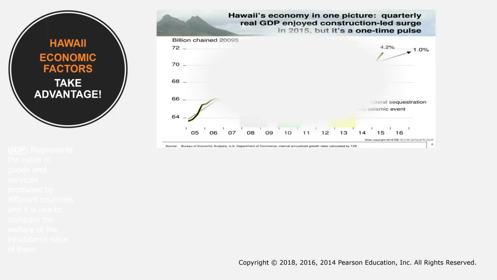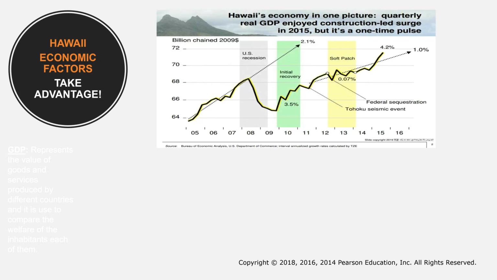So let's take a look at the economic factors and how Zippies and anybody here in Hawaii can take advantage of them. Well, here is a really interesting piece of data that shows that when the economy in the United States was going bad and we had a recession in 2008 and 2009, Hawaii actually recovered really quickly.